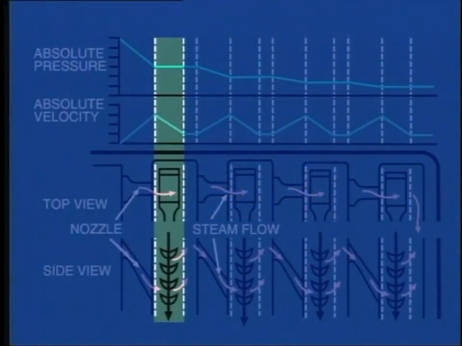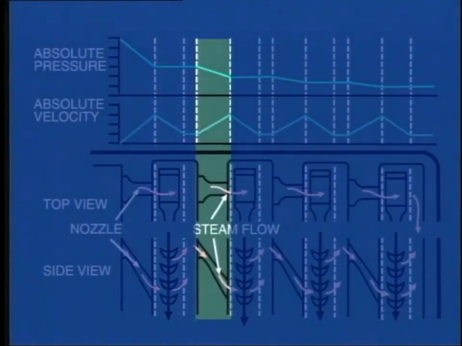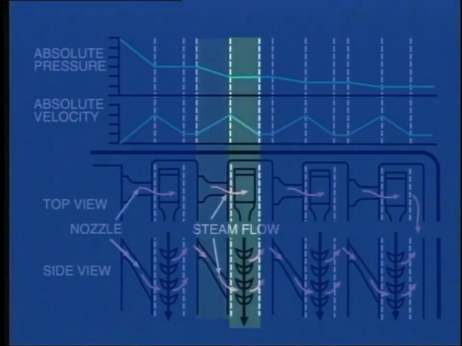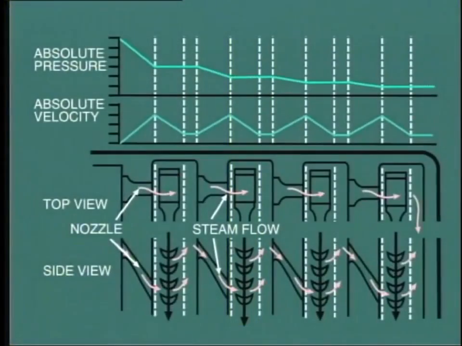By the time the steam leaves the moving blade, it has lost much of its velocity, and it then passes on through the next row of stationary blades. Again, the pressure falls and the velocity increases due to expansion of the steam, and once again this is directed onto the next row of moving blades, and so on.